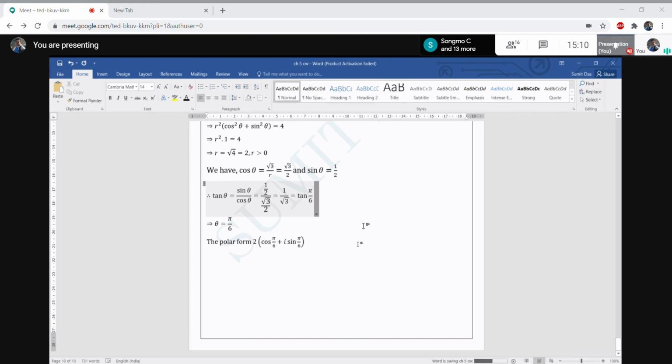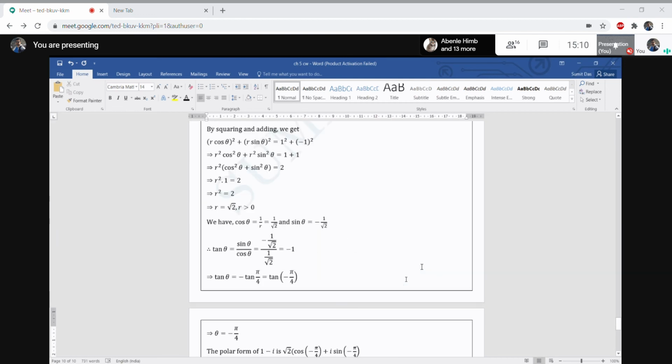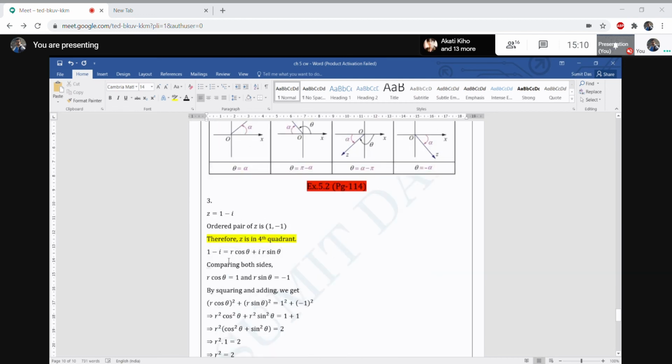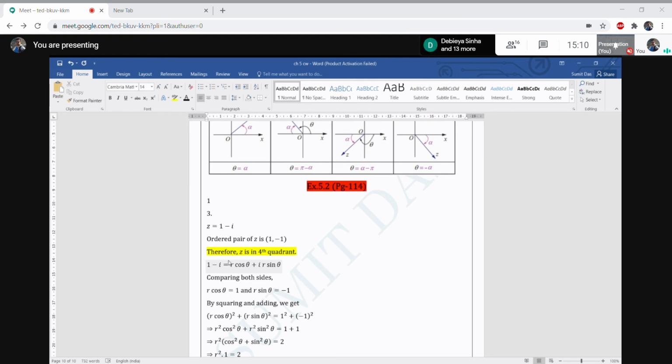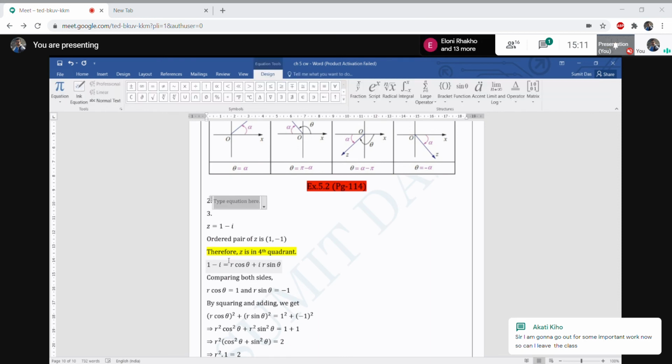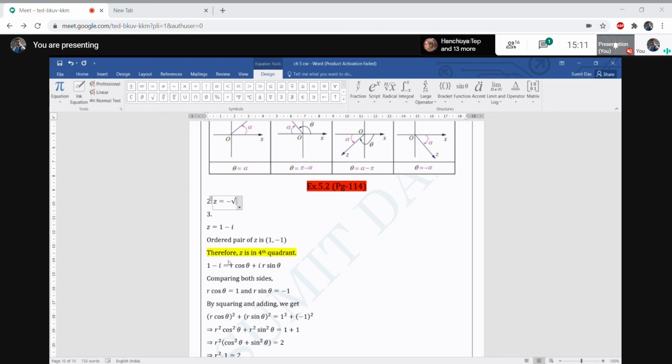Okay, so I skip 1 and 2. That was a very easy question, so I will skip this one. Question number 1 and 2 of this exercise: I'm doing number 2, 1 will be homework. Number 2 is given z equal to minus square root of 3 plus i.